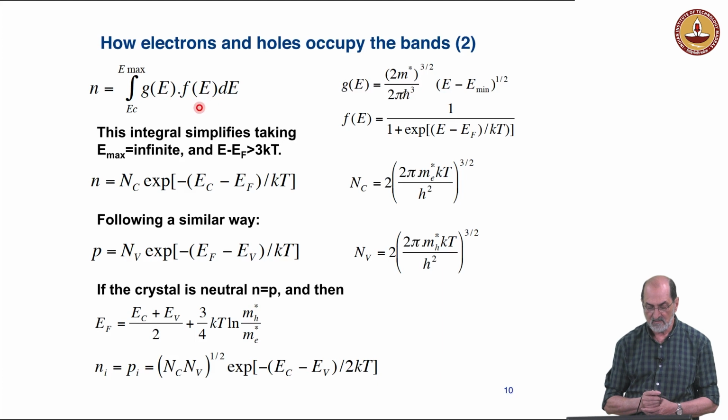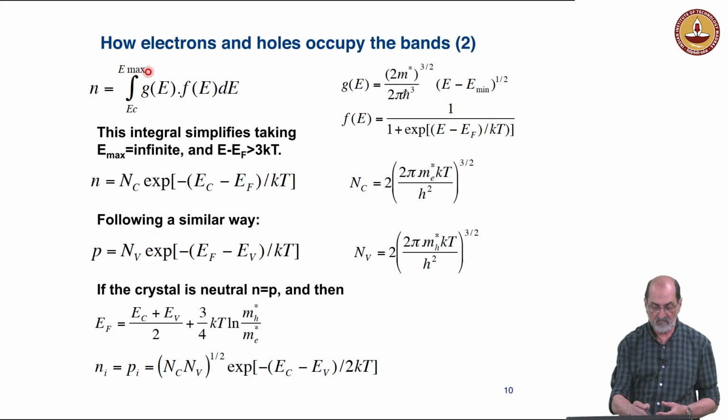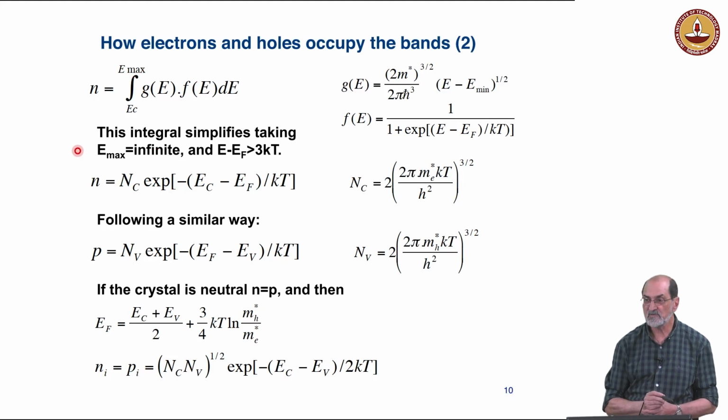So what we can do to simplify things, instead of putting here the maximum, we put infinity. It's not going to change results much, because the integrand is going to go to 0 very rapidly. For values of E minus EF larger than 3 kT, the exponential becomes very small.